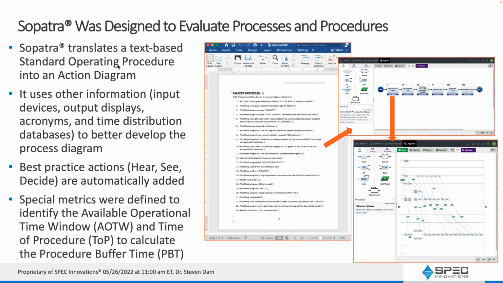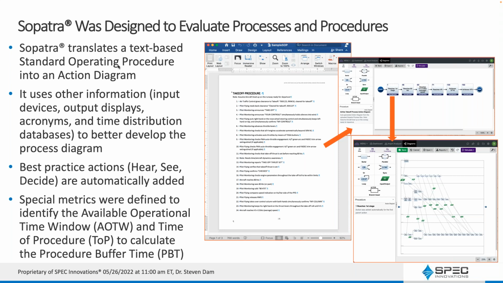Many of these actions have standard times or distributions of times, and usually what people use in this domain is triangular distributions. We have a database available for that, to show you as an example, that comes with Sapatra. So you can see how to use that and create those yourself. You may want to create those for your own types of actions as well.